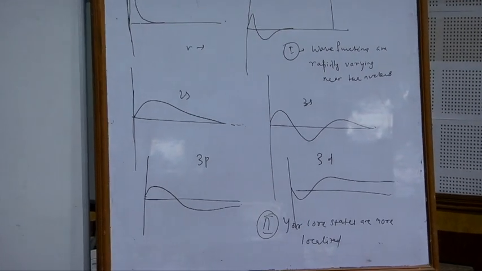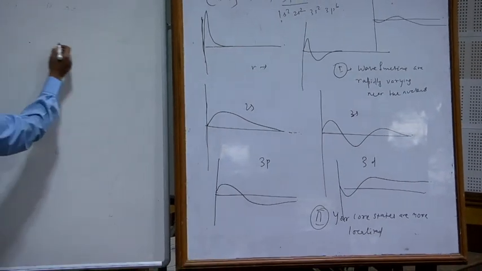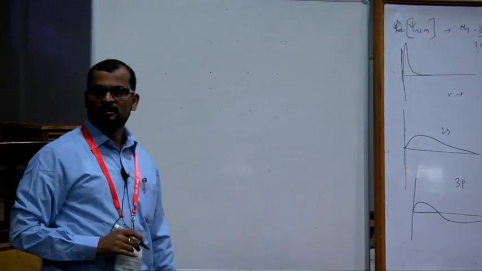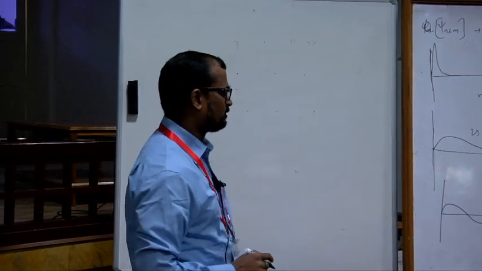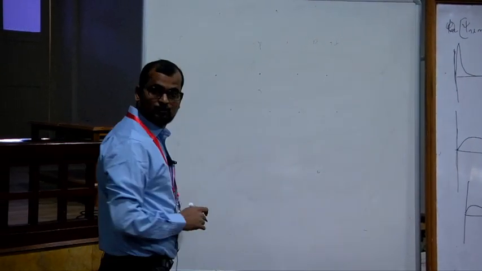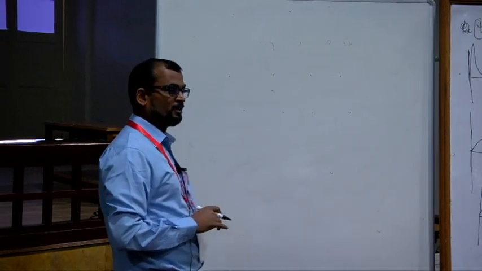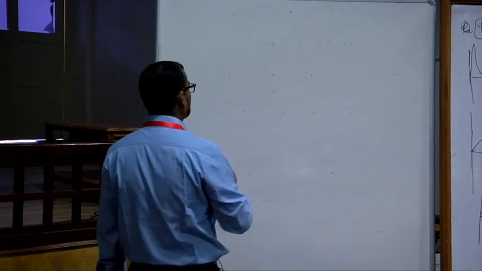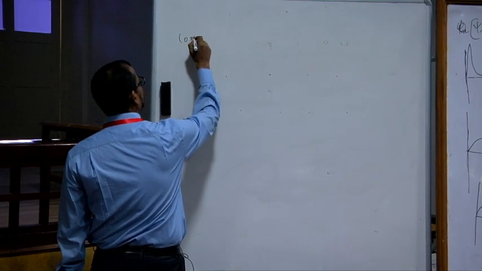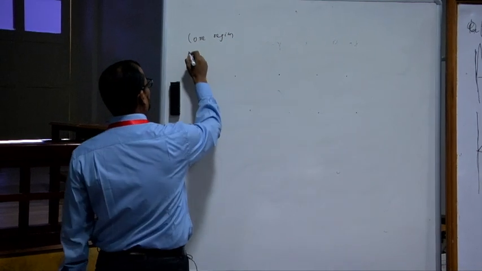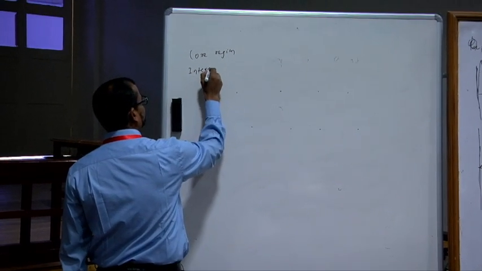Let's say my atomic sites are like this, random. I will divide my space into two regions. One is called the core region. The second is called the interstitial region.